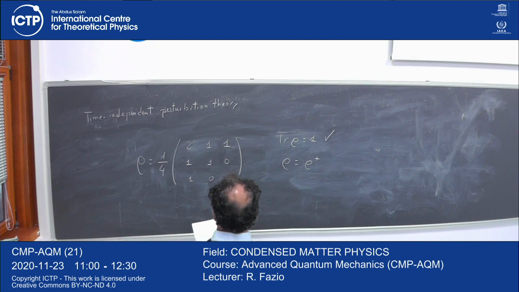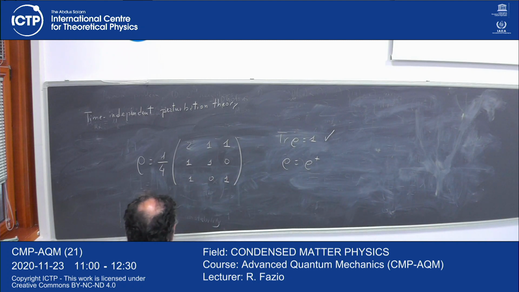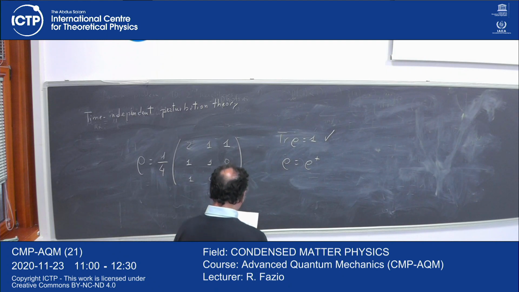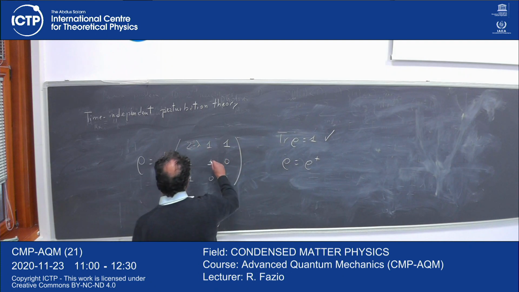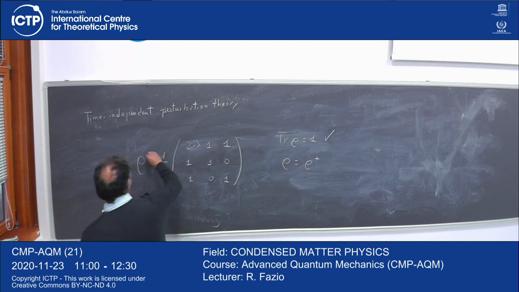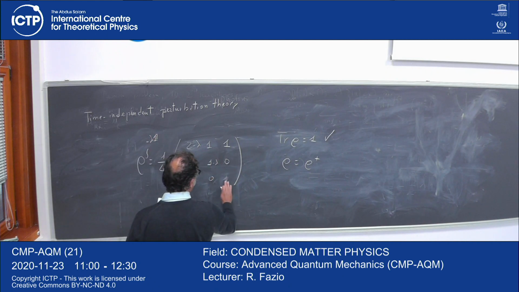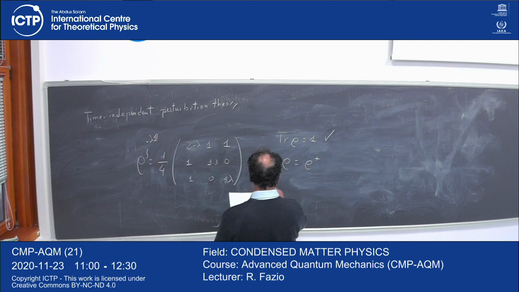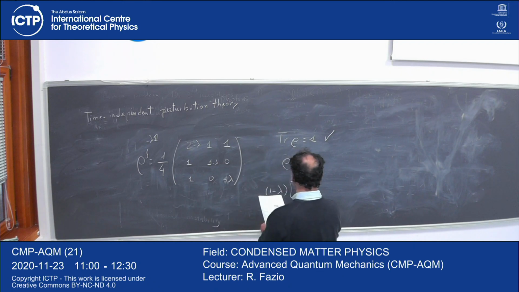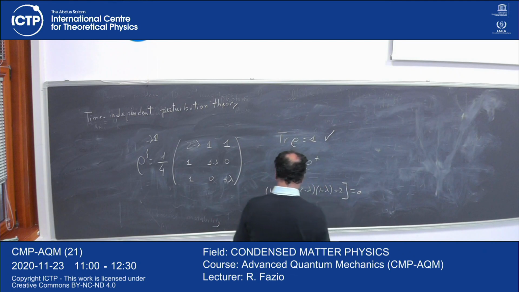So for that you have to compute the eigenvalues. You compute the determinant of rho minus lambda times the identity, so you have 1 minus lambda times 2 minus lambda times 1 minus lambda minus 2 equal to 0.